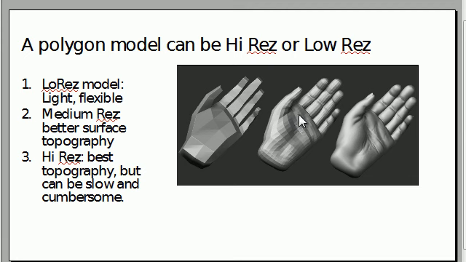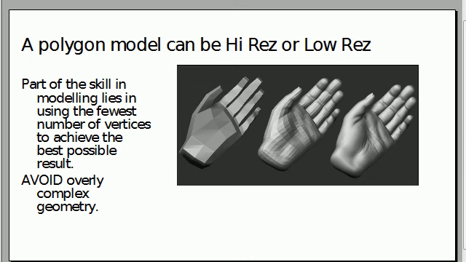It's easier to create interesting characters and character expressions, but it starts to get heavier. And with the high-res topography, your models can get very, very heavy and cumbersome, and can be difficult to animate, although with the improvement in computing power in the last few years, that's less of a problem than it used to be.